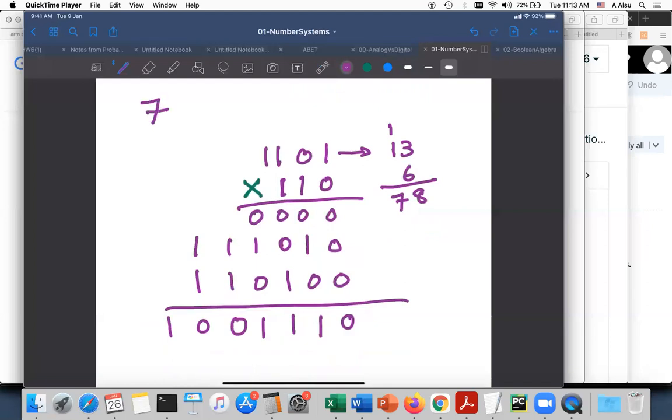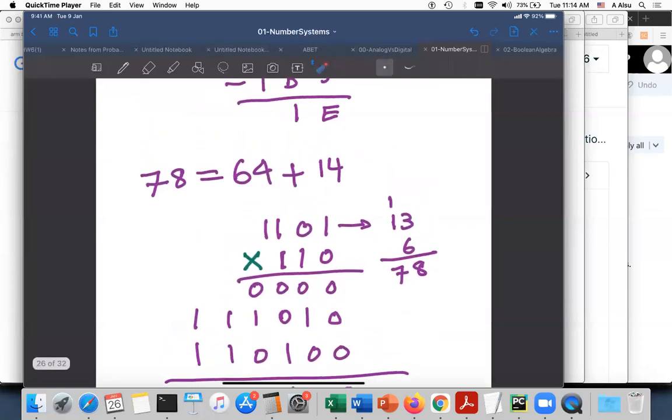I'm going to decompose 78 as the biggest power of 2 that it has, which is 64, plus whatever remains, which is 14, right? Now, I know exactly what 14 is, because I memorized the binary representation of the numbers from 0 to 15. So I know what 14 is in binary.